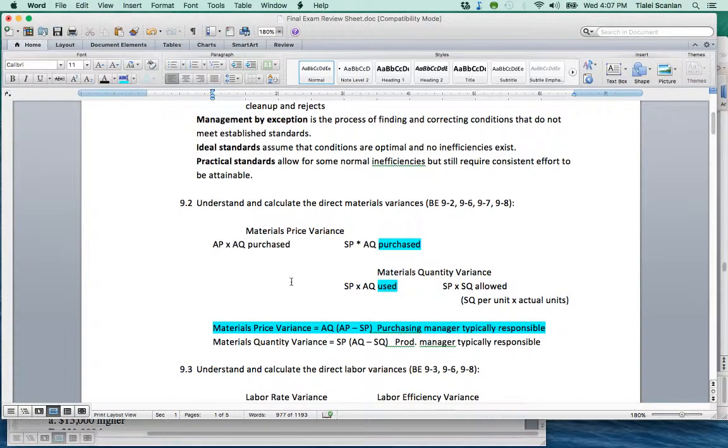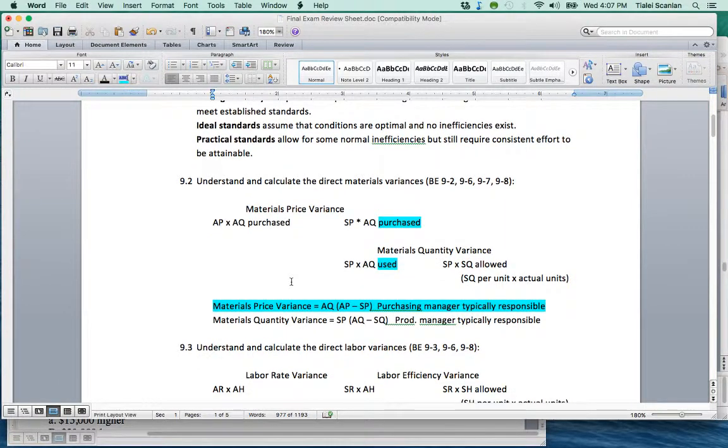For 9.2, understand and calculate the direct material variances. This is highly tested on the exam. I made a video for chapter 9 that can be really helpful in understanding how to calculate these variances. On the exam, I believe they're all lumped together in one big problem.